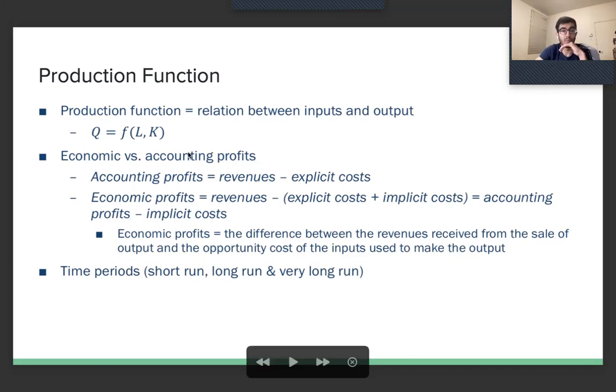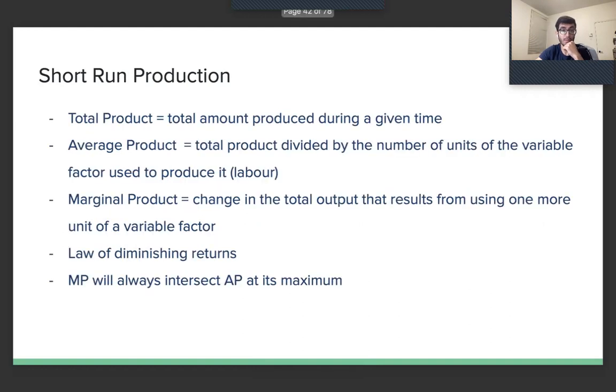There's a difference between economic and accounting profits. Accounting profits don't include implicit costs. That's the only difference between accounting and economic profits. And we have 3 different time periods. We have short run, long run, and very long run. And we'll see how factors vary across all these 3 time periods.